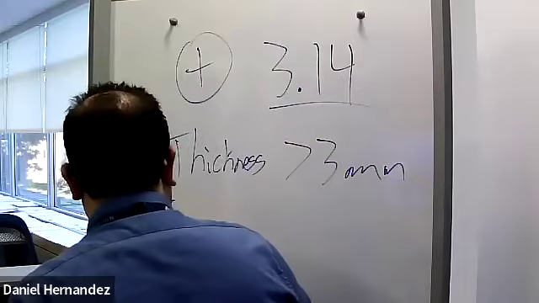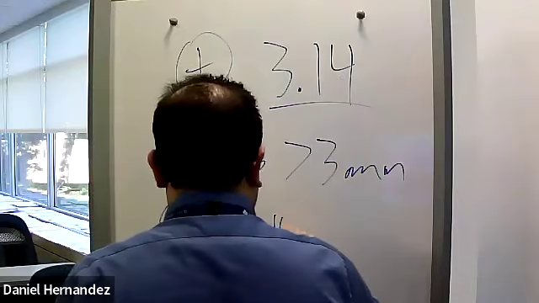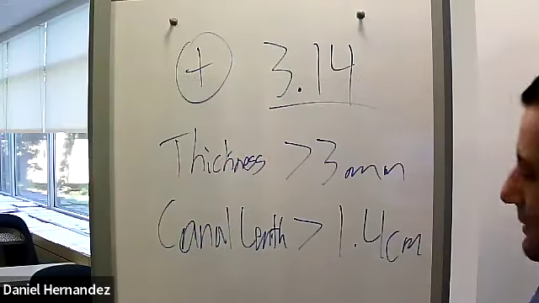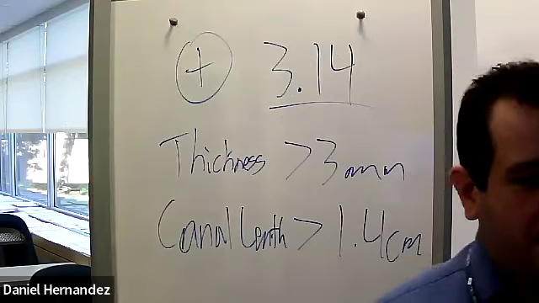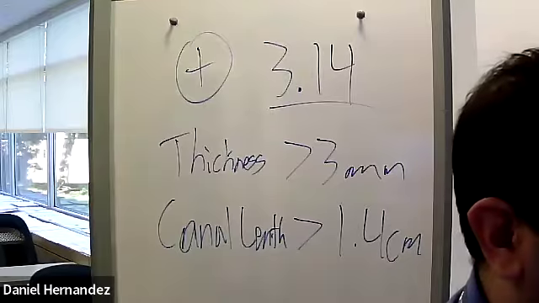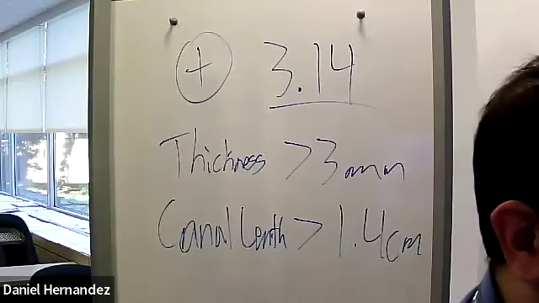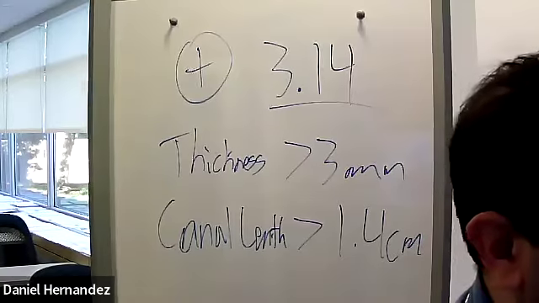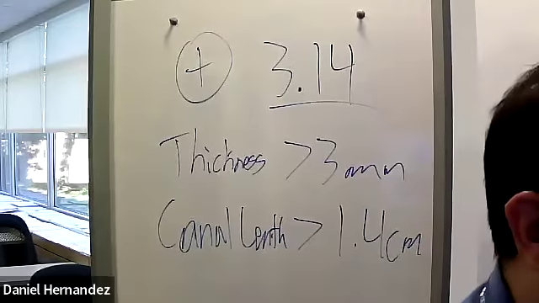And then channel length greater than 1.4 centimeters. So that's what we use, like our guidelines. This definitely meets that criteria. It doesn't tell me the thickness here, but that's definitely thickened and that channel length is very long. Here they had a channel length of 1.8. For thickness, they got 0.5, so 5 millimeters.